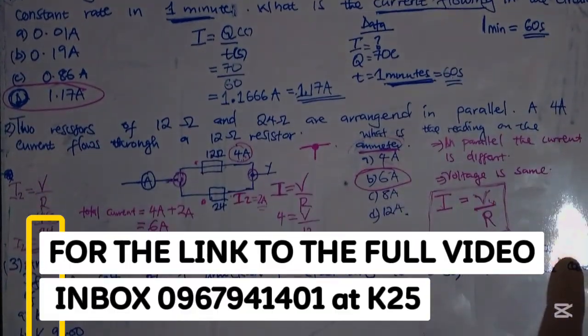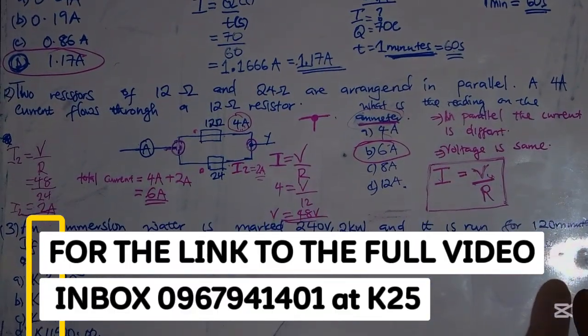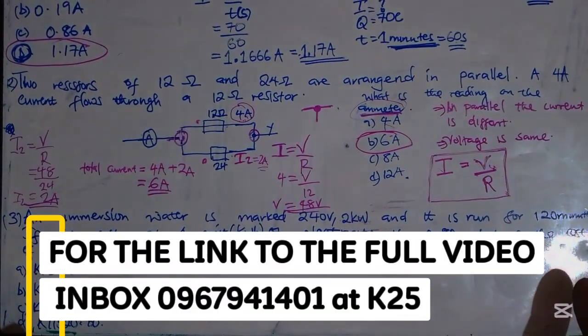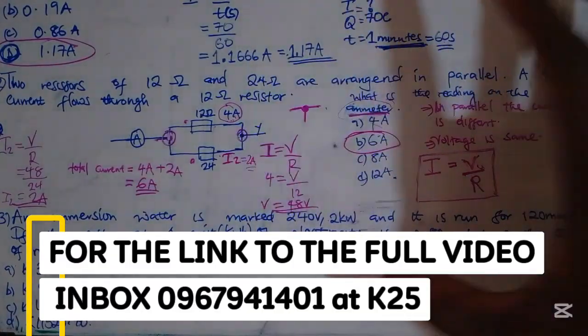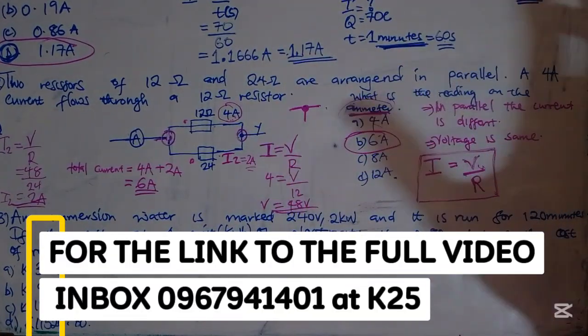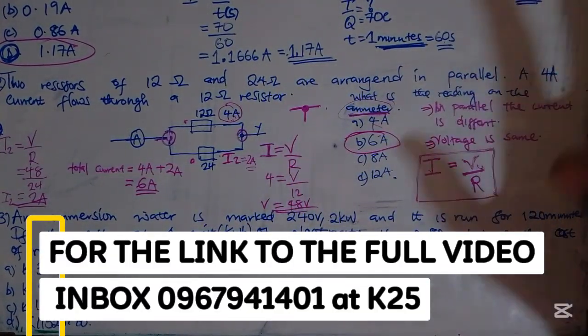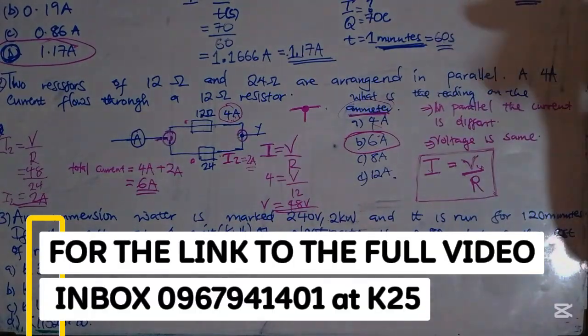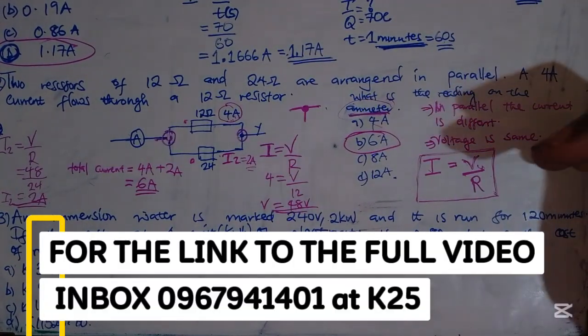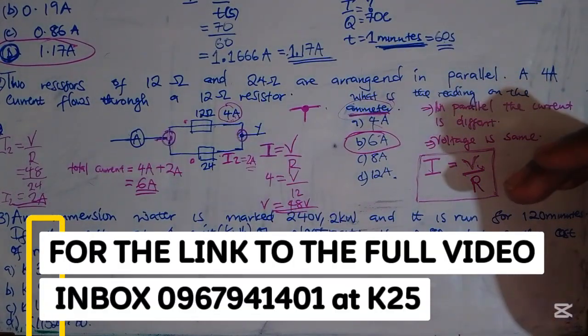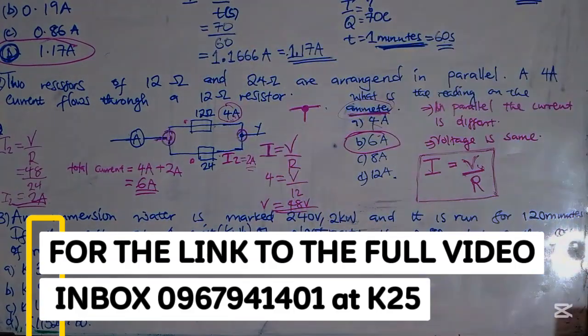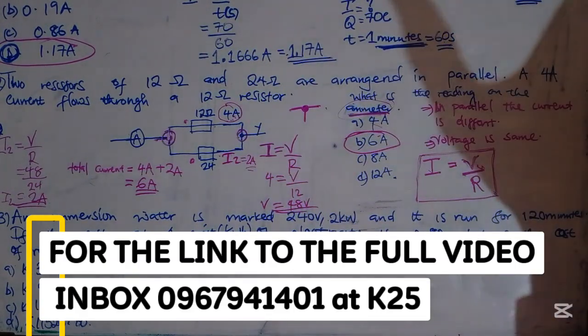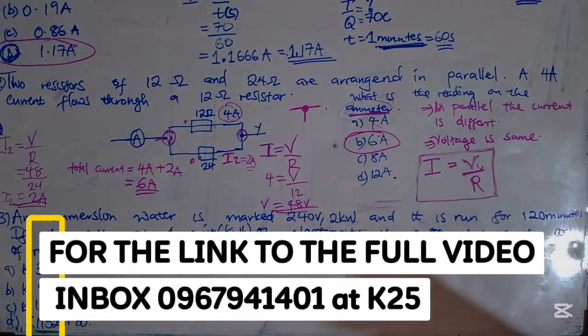So moving on to our third and final multiple choice question which we'll look at. So these are the examples, or this is the format on which the question will come. You either find the question on current using this formula, or you find the question on current using the formula for time, or you find a question on cost like we are going to look at.